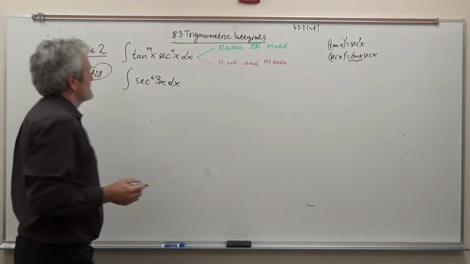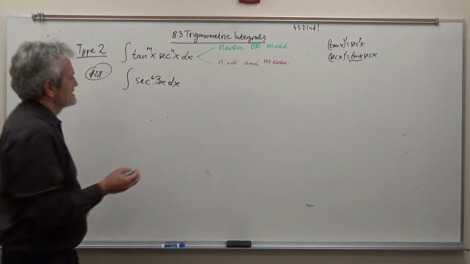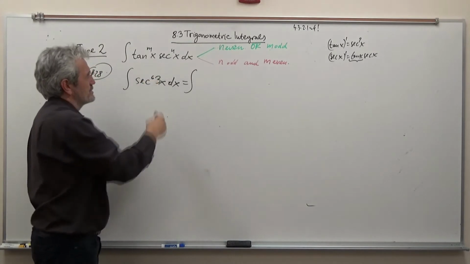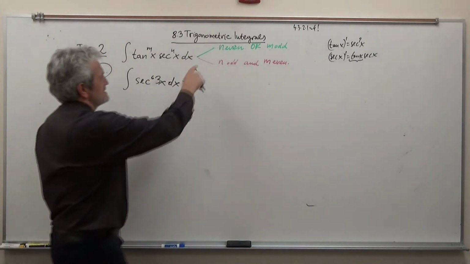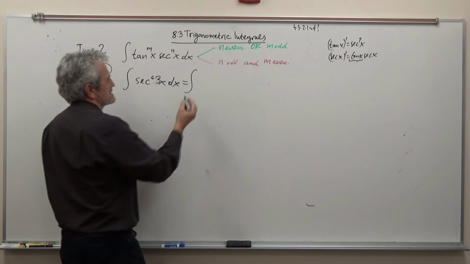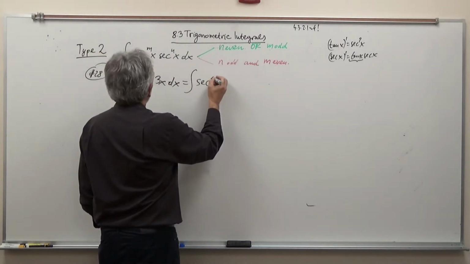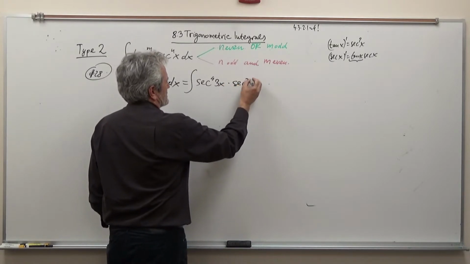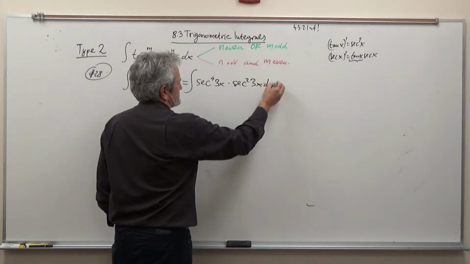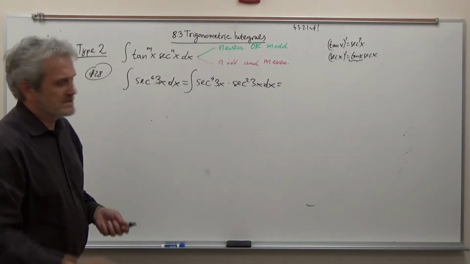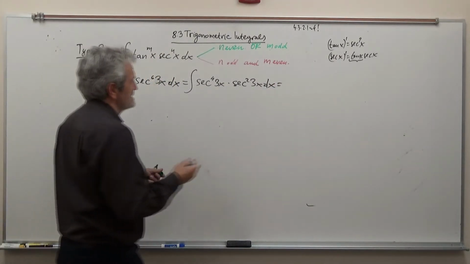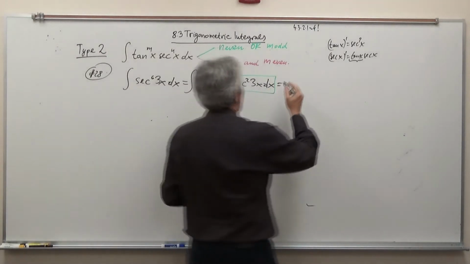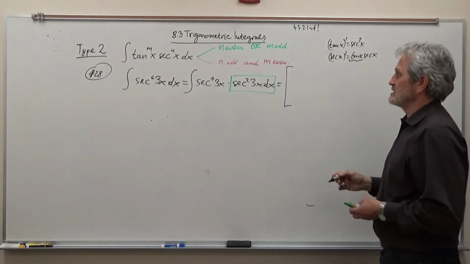So if we see secant to the 6, 3x dx, we say that's good because we have an even number of secants, and m is even here. The 3x is not bothering us. So what do we do? We keep 4 of them and take 2 of them for the derivative ready. What the whole idea is that this is someone's derivative. That's not my substitution, that's actually the derivative of our substitution.